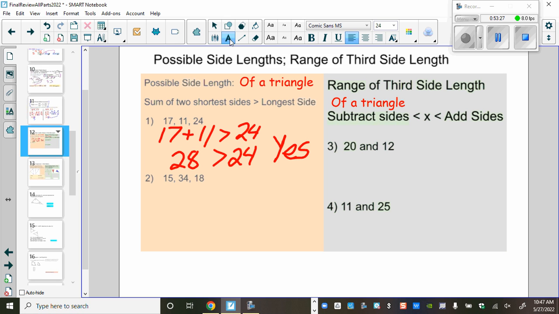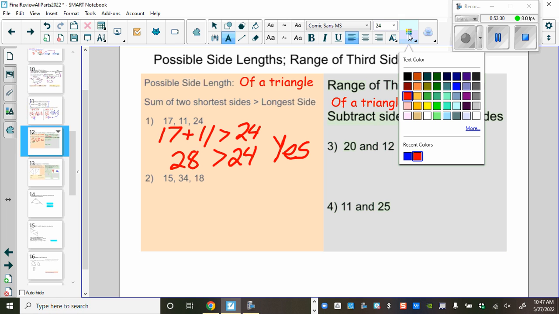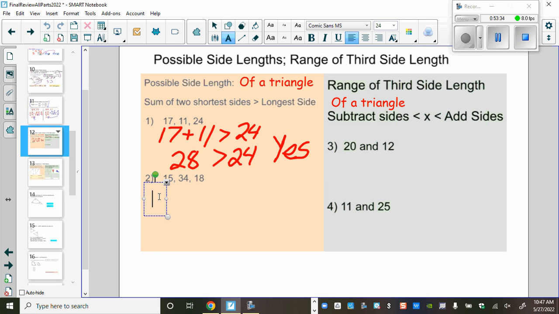So what about the other case? I should not have used red on that. What two numbers do I have to add for number two? 15 and 18, so 18 plus 15. Can that work? No, this one's not working.